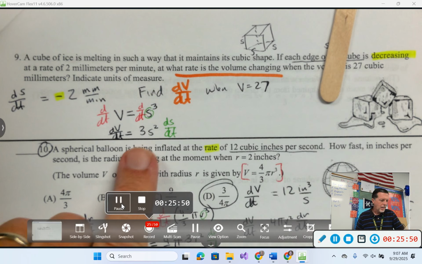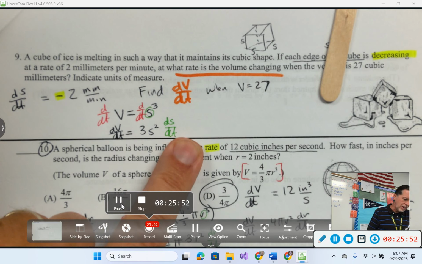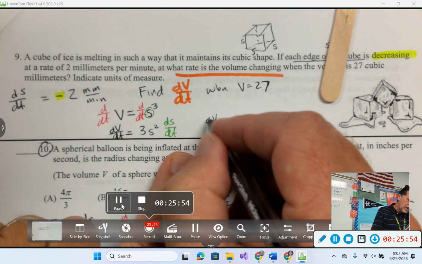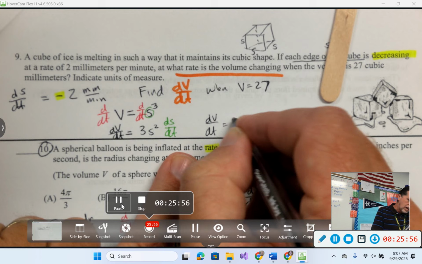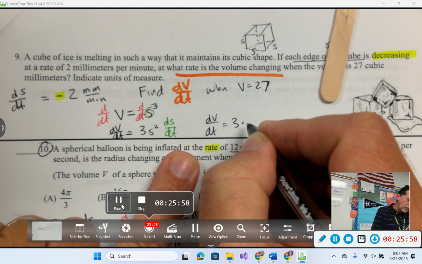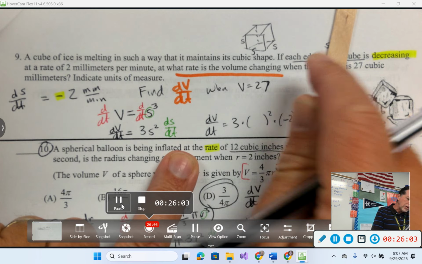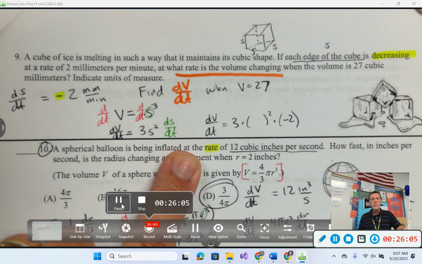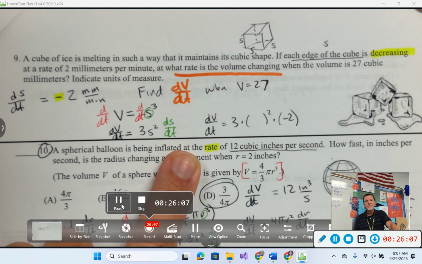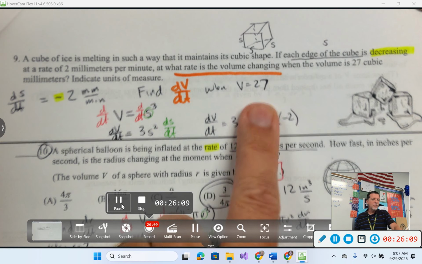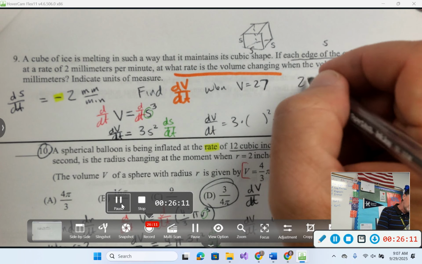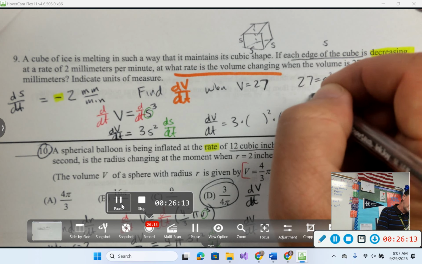Okay, I think we're good. Find dV/dt. We know what s is. Oh, we don't know what s is. We know what ds/dt is, but we don't know what s is. Oh, well, they didn't give it to us. But if the volume is 27, then s is 3.